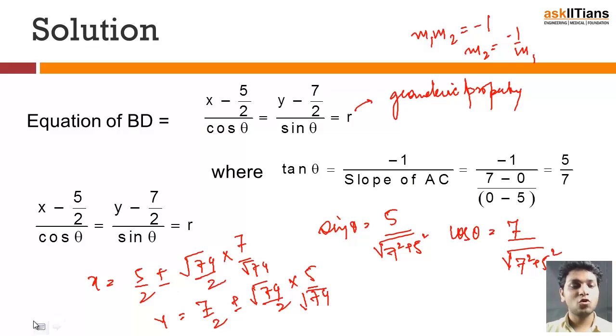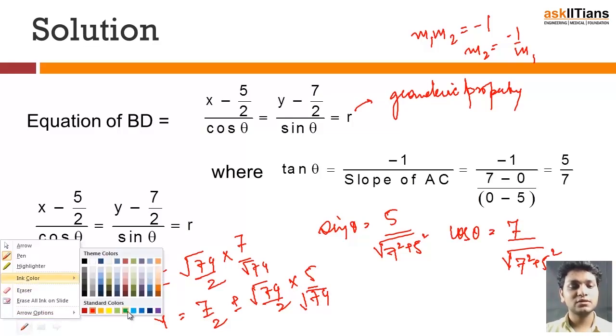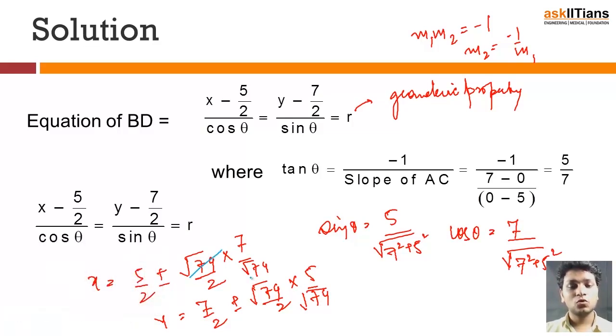As you can see, there is a common cancelling factor which you can cancel out. So x will be nothing but 5/2 plus minus 7/2, and y will be nothing but 7/2 plus minus 5/2, and hence we will get the two extremities of the square.